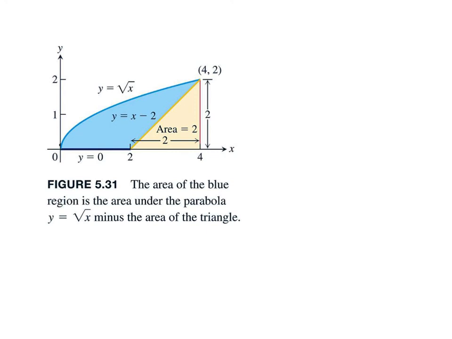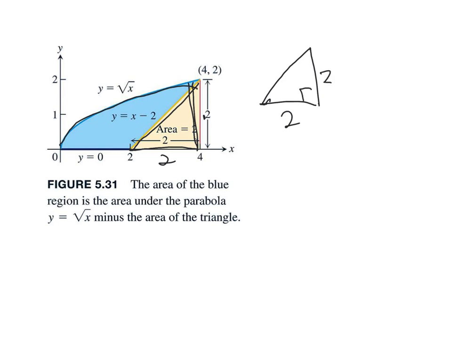I could have done the square root of x from 0 to 2. That line creates an isosceles triangle, 2 by 2. So you could do it with the area of that isosceles triangle, 2 by 2. That's a right angle, and the area of that isosceles triangle is base times height divided by 2, which is 1/2 times 2 times 2. It gives me a 2.